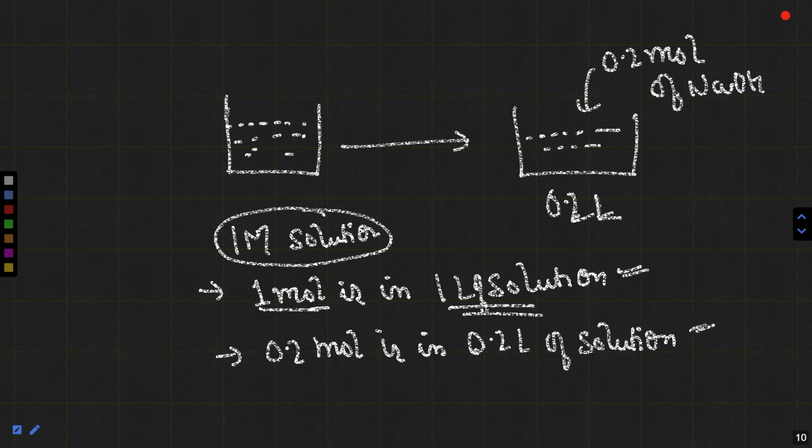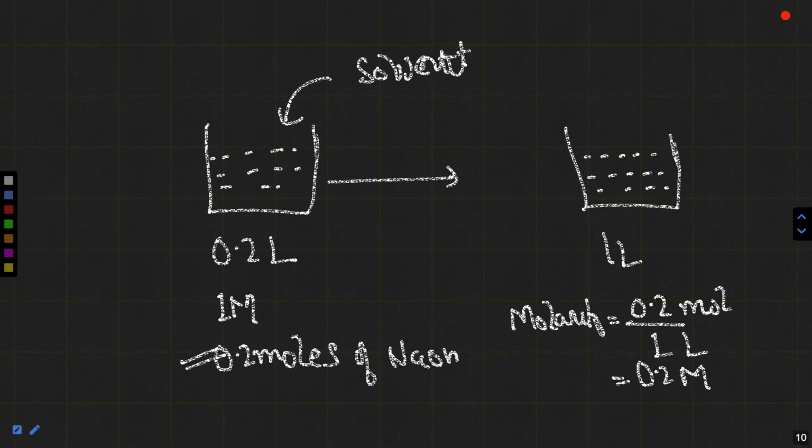Now next what do we do? We take 0.2 liters of the same solution and keep it in a different bucket. Now if 1 mole is present in 1 liter, therefore 0.2 moles will be present in 0.2 liter. So we have this solution where we have 0.2 liters volume, 1 molar as the concentration, and 0.2 moles of NaOH.